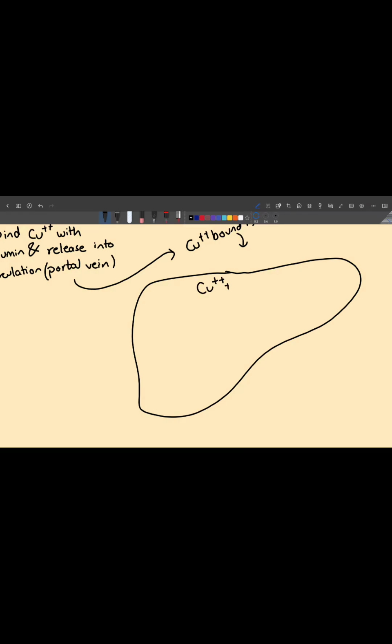Now there is a protein called apoceruloplasmin. This protein binds with copper with the help of another protein called ATP7B, and this leads to the formation of ceruloplasmin, and this is our storage form of copper.